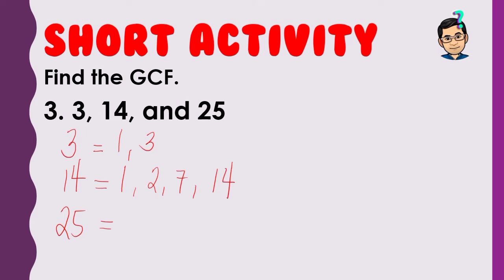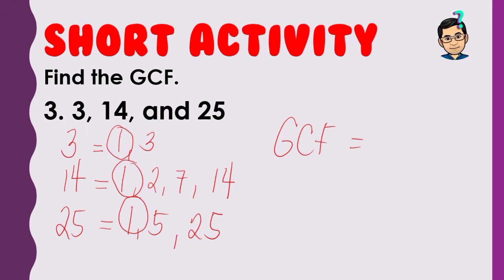While for 25, we have 1, 5, and 25. Looking at the factors of 3, 14, and 25, their greatest common factor is only 1. Some sets of numbers have a GCF of just 1, like this one. So we'll write GCF 1. I hope it's clear.